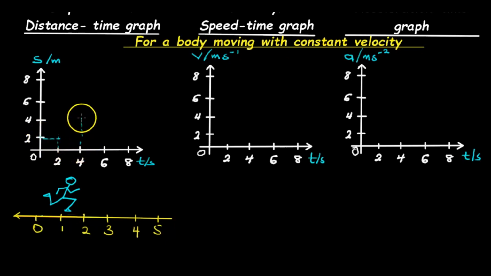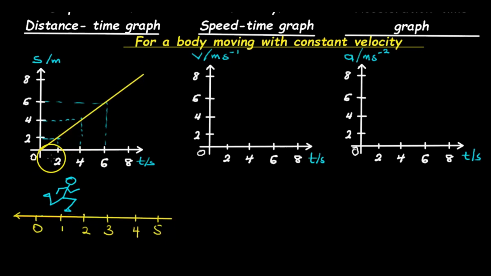At time 4, we have displacement to be 4. At time 6, we have displacement to be 6. Now, if you monitor this, and this graph is not drawn to scale, but if it is drawn to scale and you plot a graph of this nature, you are going to get a straight line that passes through all the points that you have drawn. And this is for the displacement time graph.